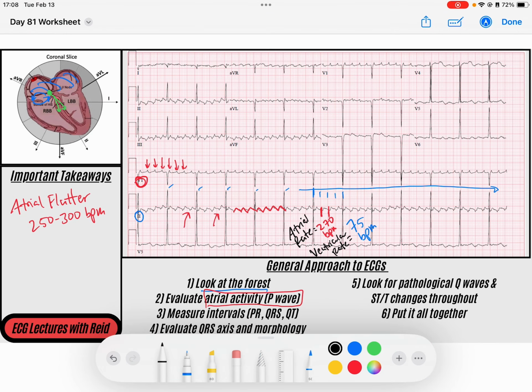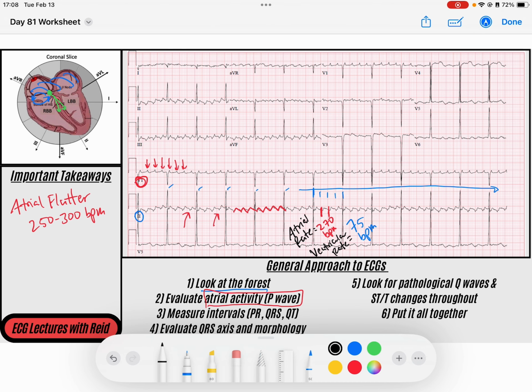If you do some mental math, I was just eyeballing these numbers, but if you do the perfect math, you can see that 75 and 270, it's almost about 1/4 of 270 is 75. So it's almost as if there are 4 flutter waves per 1 QRS if you do the math of 270 and 75.